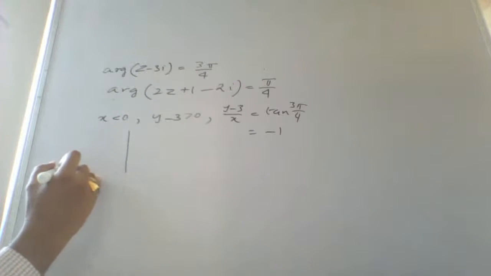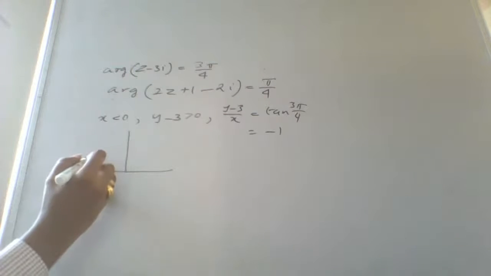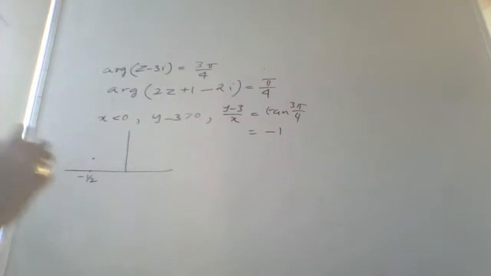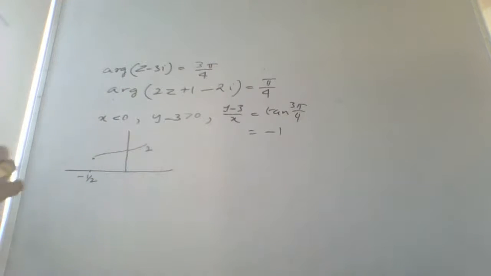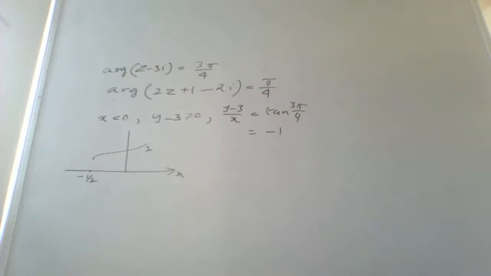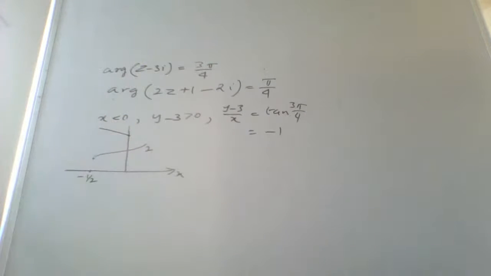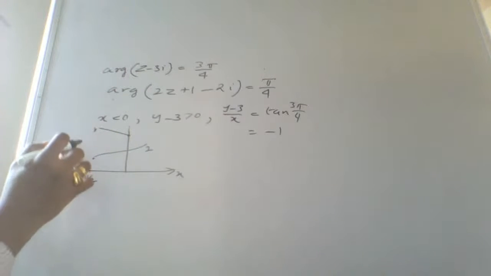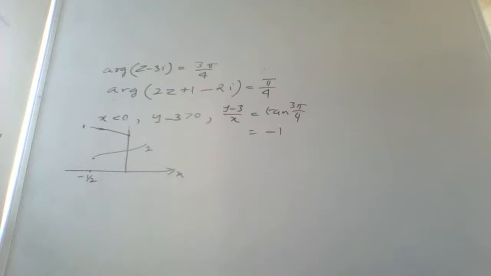So this is the line, with points at minus 1 by 2 and 2 on the x axis, and 1 somewhere here.